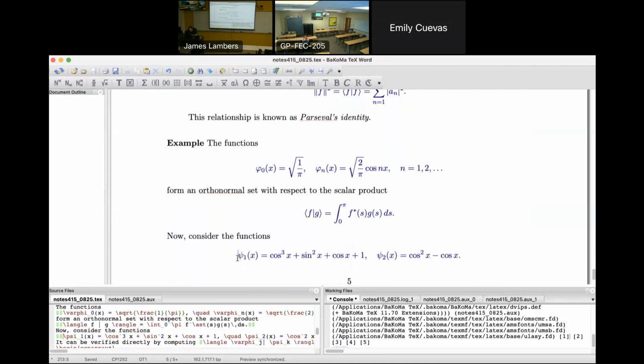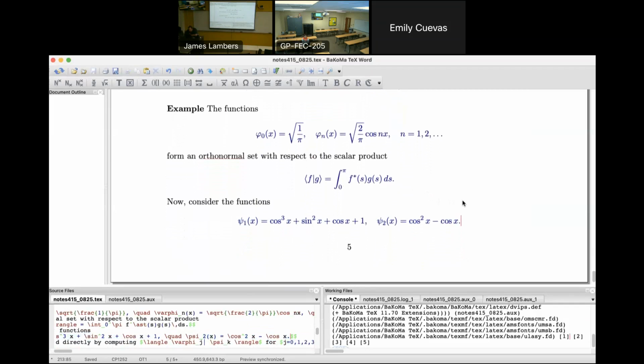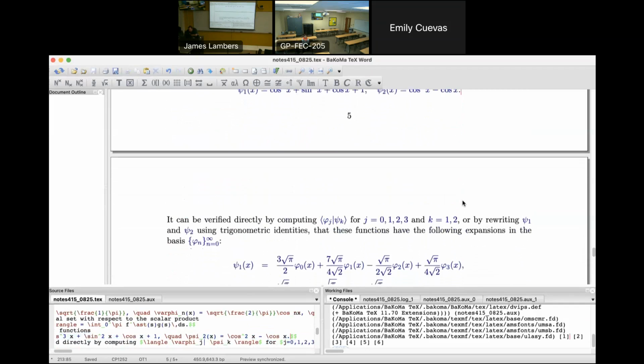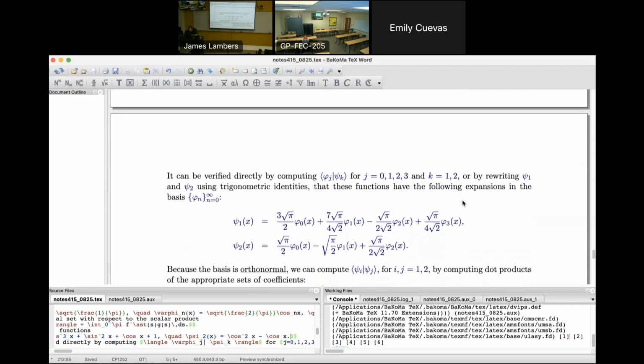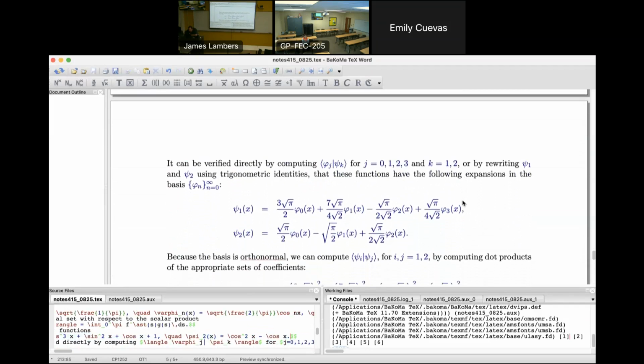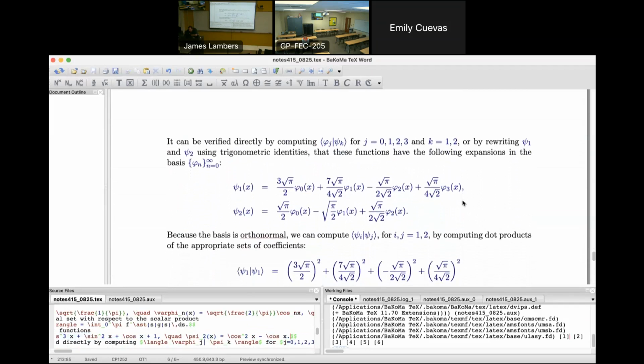So now, suppose I have these two arbitrarily chosen functions in my Hilbert space. What I want to do is express these functions in terms of my orthonormal basis. That would involve taking scalar products with these basis functions.